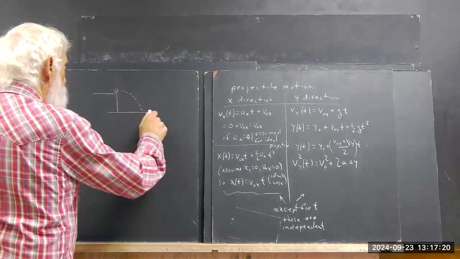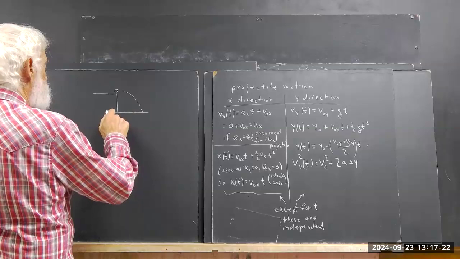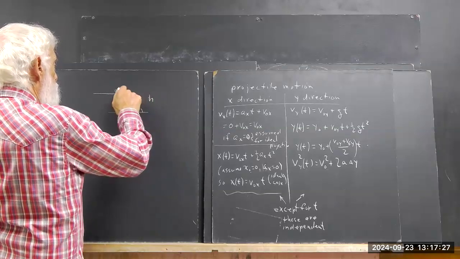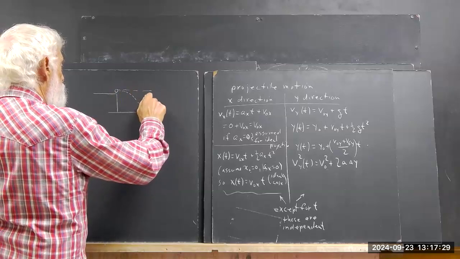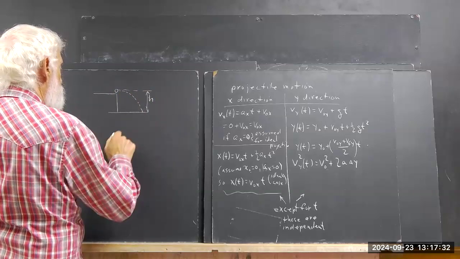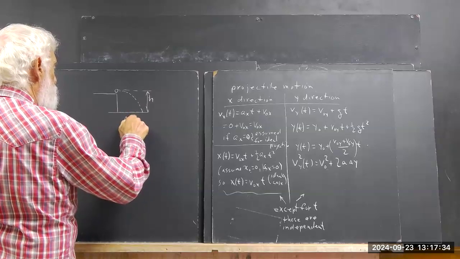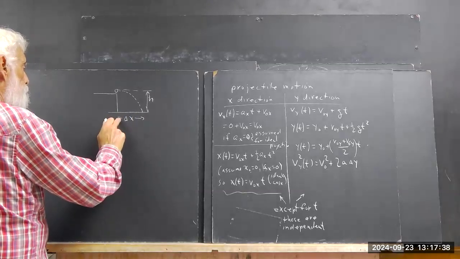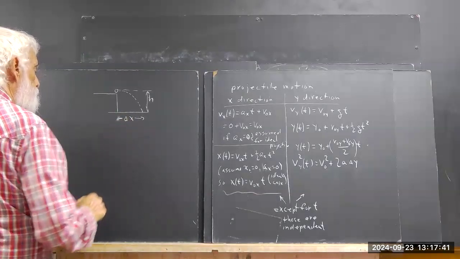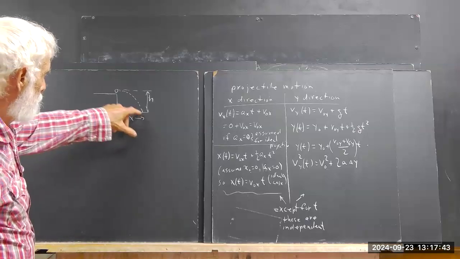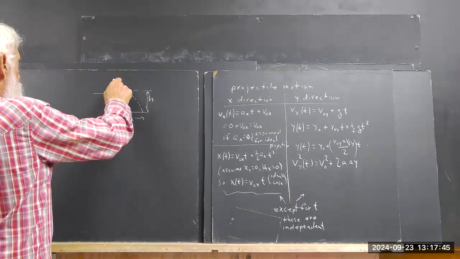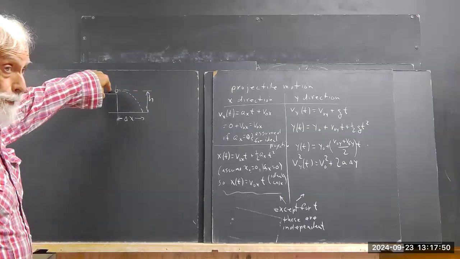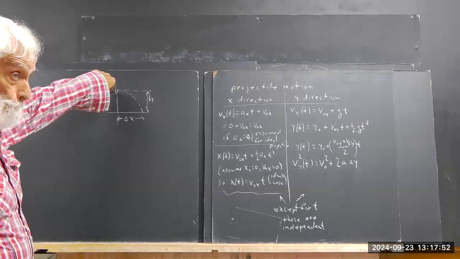It lands at distance h below, at distance delta x relative to its initial position, its initial position being when it left the ground.